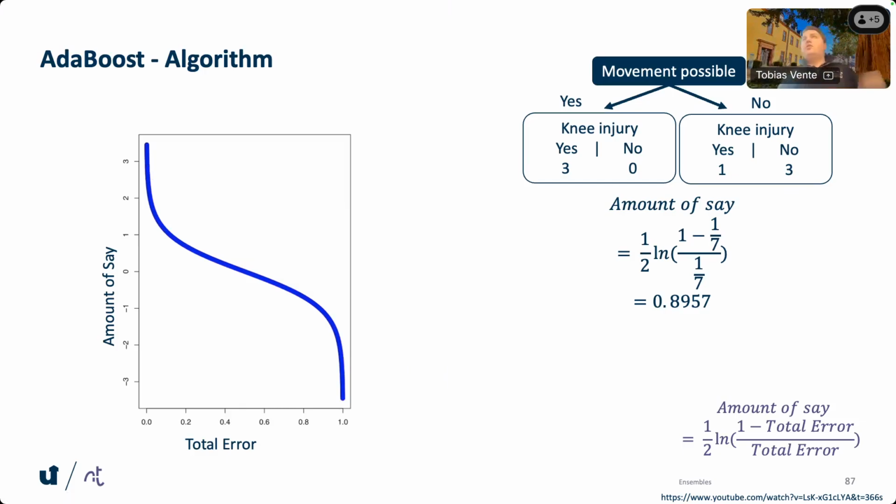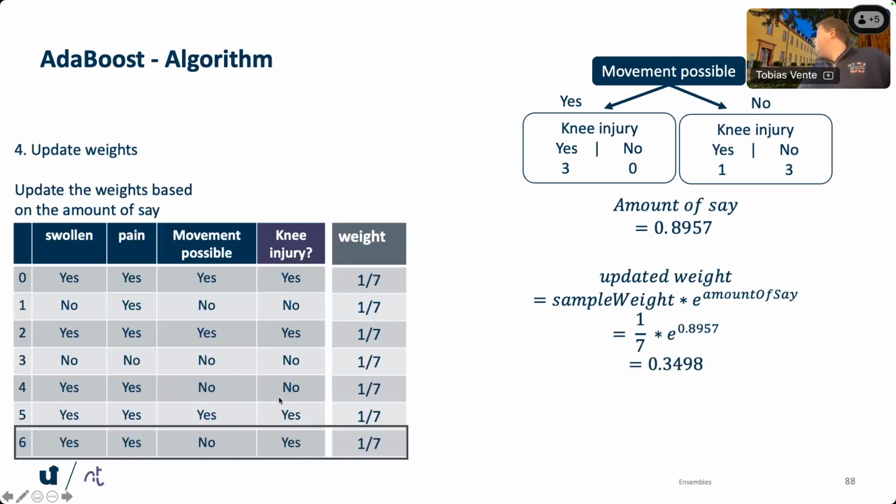It's important to understand that the weighting of the tree is not necessarily always positive. We come to the impact it has later. You just have to store now that it can be negative. Our value is 0.89, so our amount of say is somewhere here. This is just to visualize how this formula impacts the weighting.